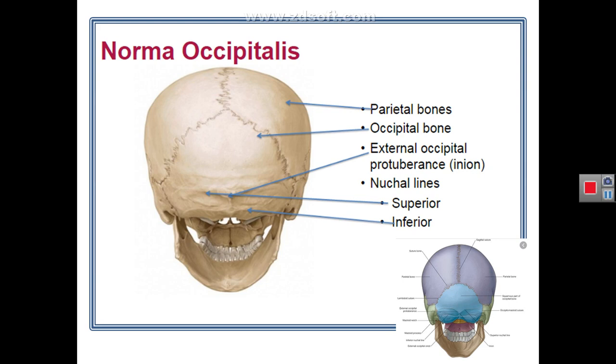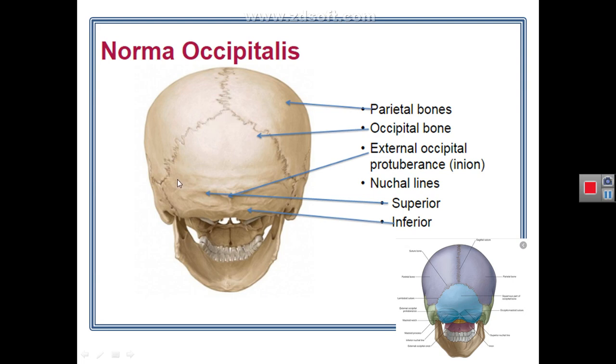So now we will discuss features of the back view of the skull, which is norma occipitalis. Norma occipitalis is formed by the right and left parietal bones, by the squamous occipital bone, and by the mastoid temporal bones. A feature seen in the norma occipitalis is the lambda, which is the point of meeting of the sagittal suture with the lambdoid suture.